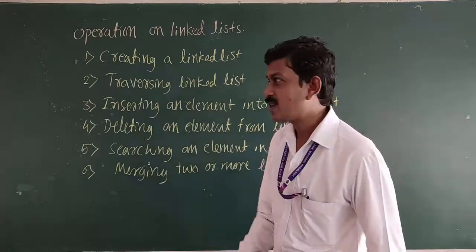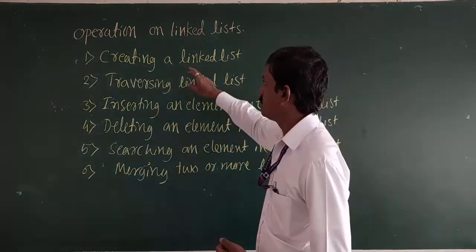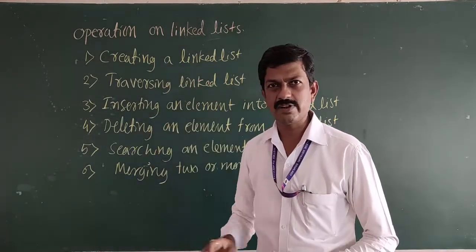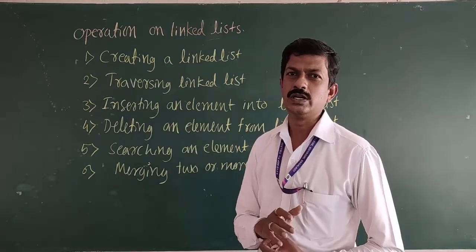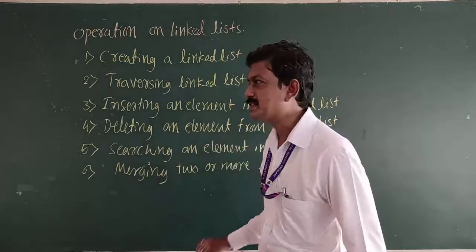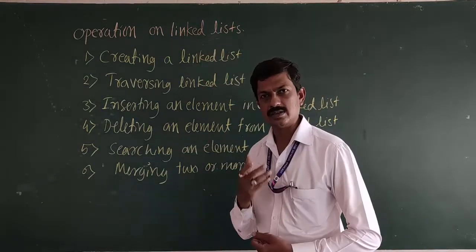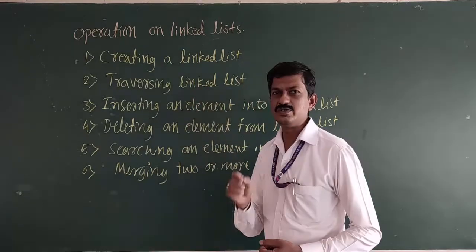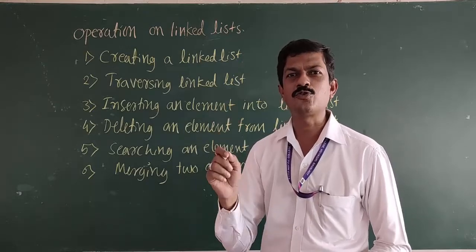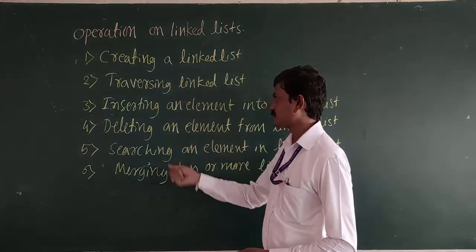You need to add the suffix linked list afterwards. Creating, traversing, inserting, deleting, searching, merging: these are the several operations we see with respect to linear and non-linear data structures, and adding the suffix makes them operations on linked list. Traversing means visiting each and every node of a given linked list exactly once for performing a certain operation. That is called traversing a linked list.